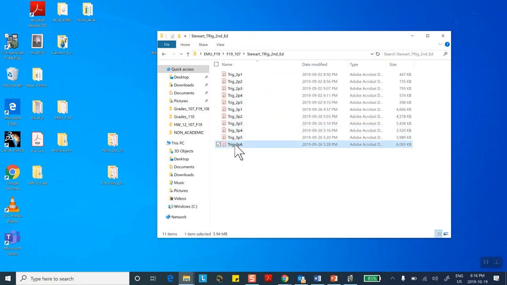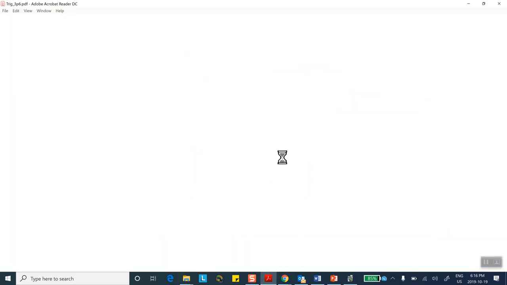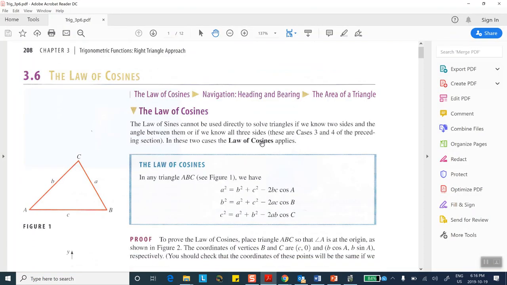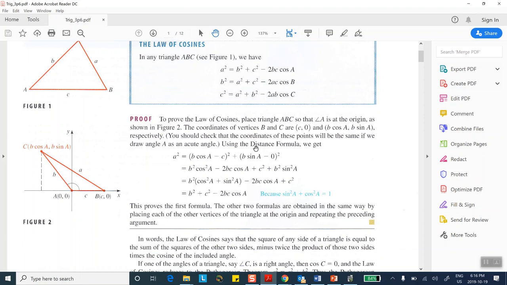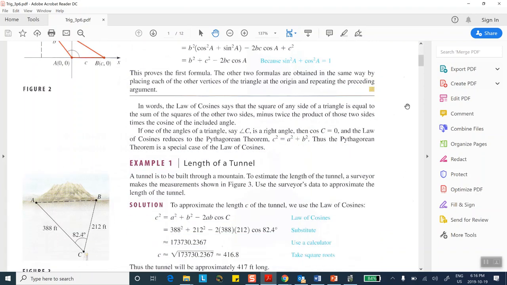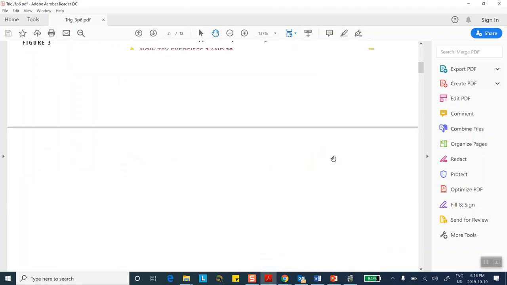Section 3.6. Let me see if there is something for area. Not here, page down.